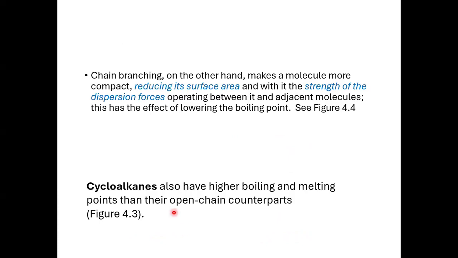So chain branching makes a molecule more compact, reducing its surface area and also reducing the strength of the dispersion forces. This has the effect of lowering the boiling point. The same goes for cycloalkanes, which also have higher boiling and melting points than their chain structures.